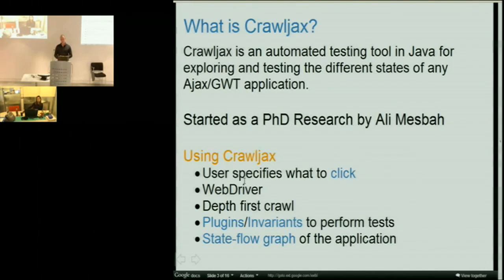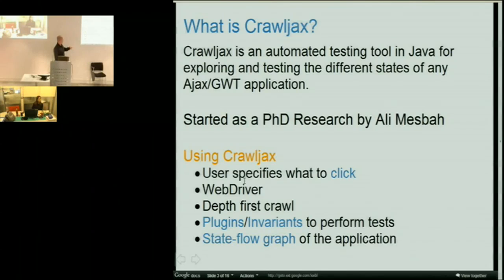We're currently doing a lot of research on it and working with a team of 4 people. So globally, this is how you use Crawljax. First, the user specifies what to click and which URL to go to, so Crawljax knows what to crawl. Crawljax uses WebDriver to open the browser and navigate through the application.